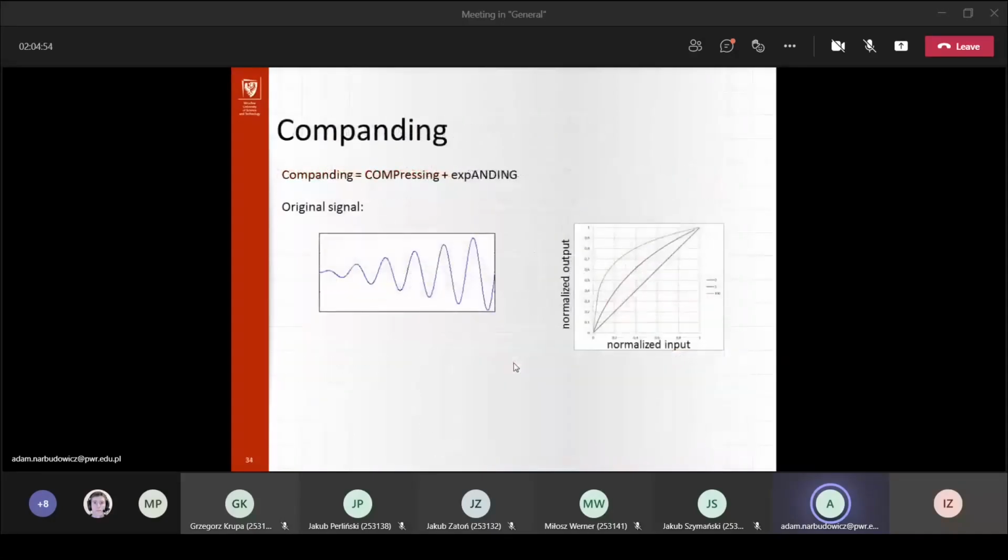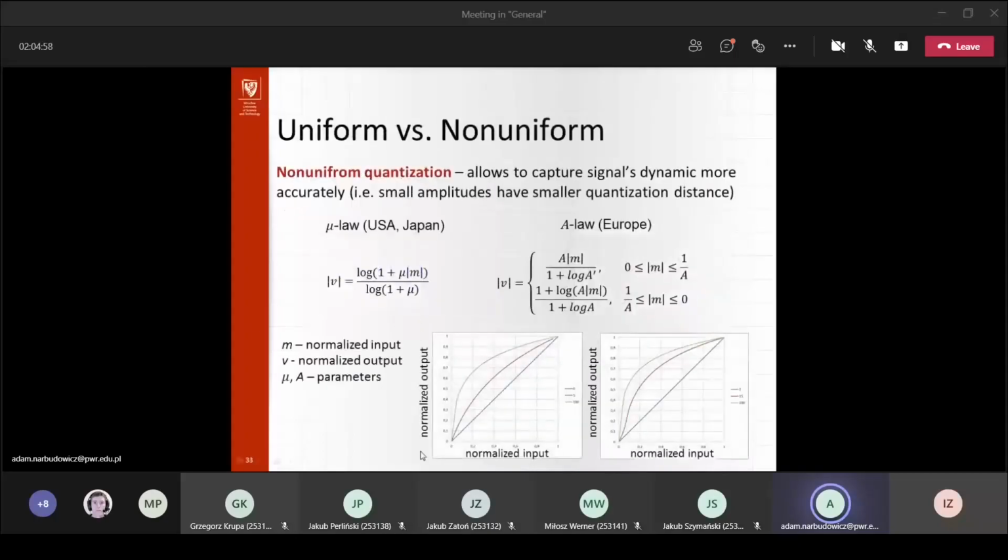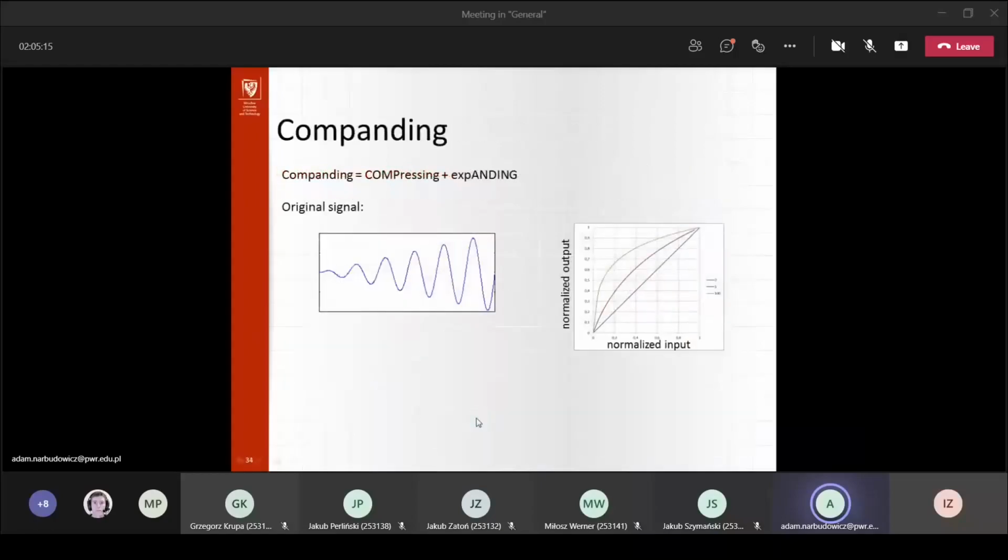For example, you might like to have more steps for signals of low amplitude and fewer steps for signals of high amplitude. This is represented by different shapes of the curves here. This is also called companding. Companding is a word for compressing and expanding.